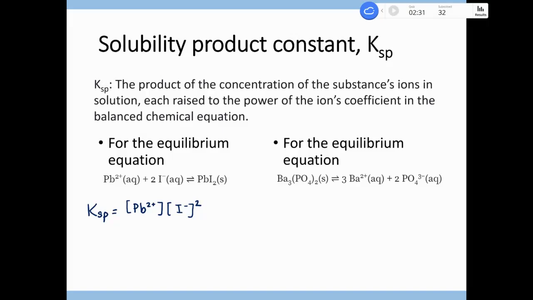So if we look at this other example, barium phosphate, which forms barium ions and phosphate ions, we can write KSP just by using those ions in the balanced chemical equation and their coefficients. So we have barium 2 plus concentration cubed, and then phosphate concentration squared.